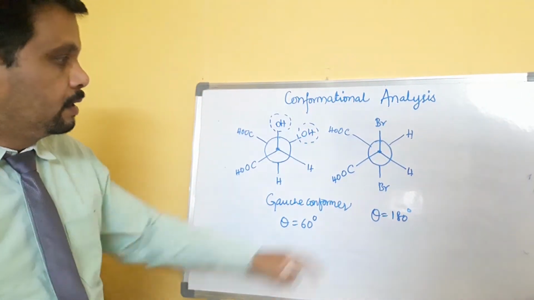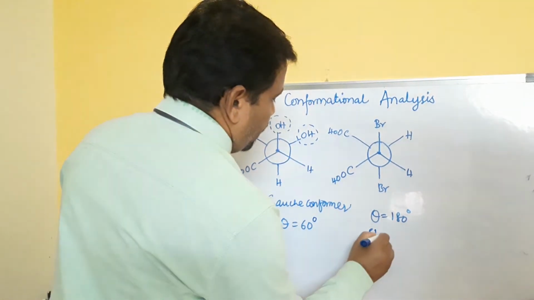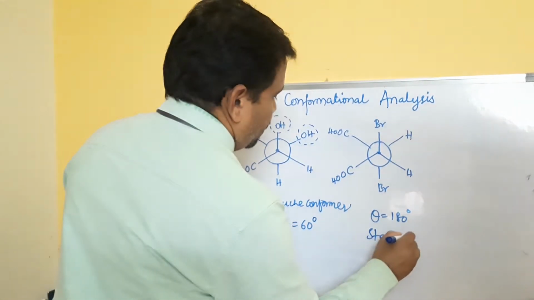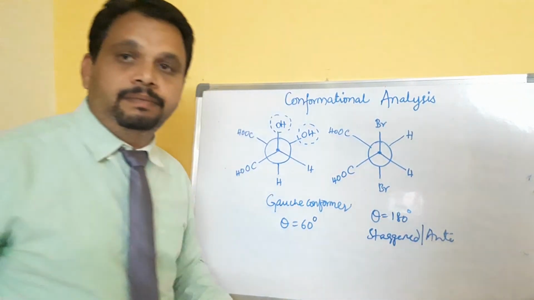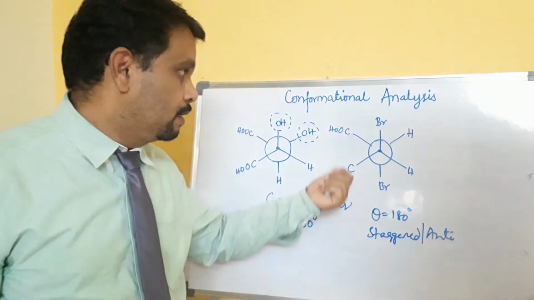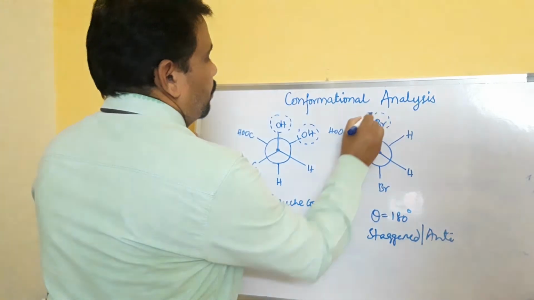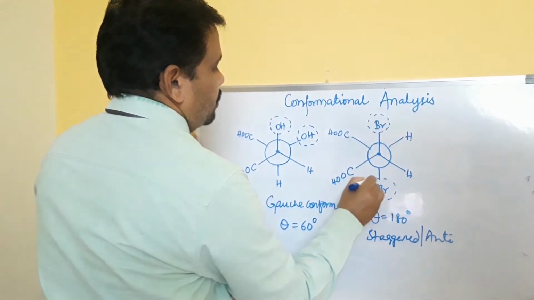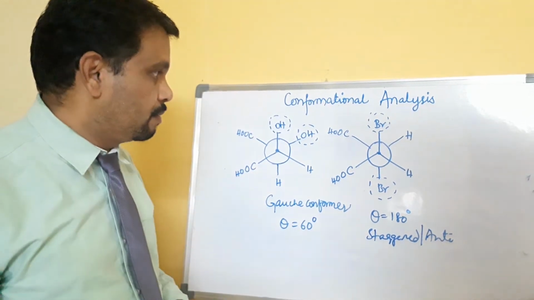Therefore, this conformer can be considered as the staggered or anti-conformer. Now it is clear to you? So here bromine gets the top priority, being identical on adjacent carbons.